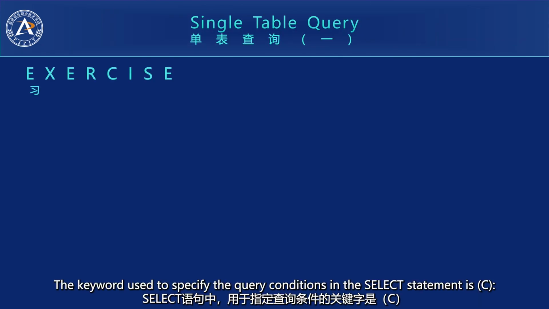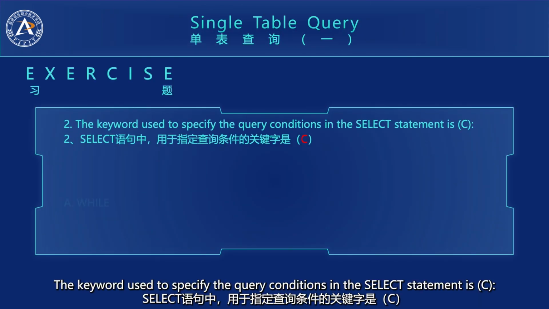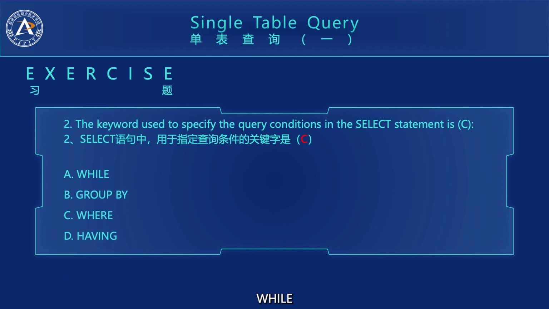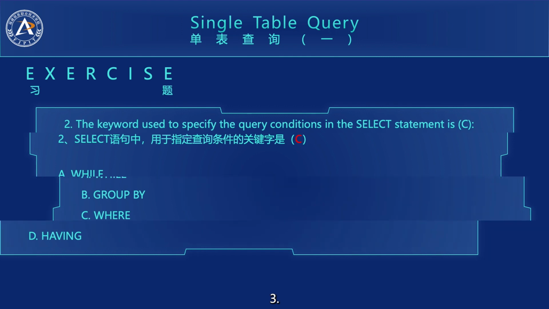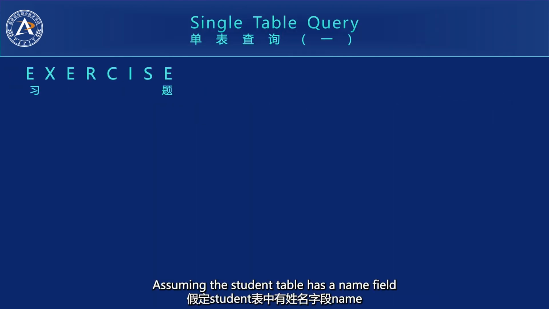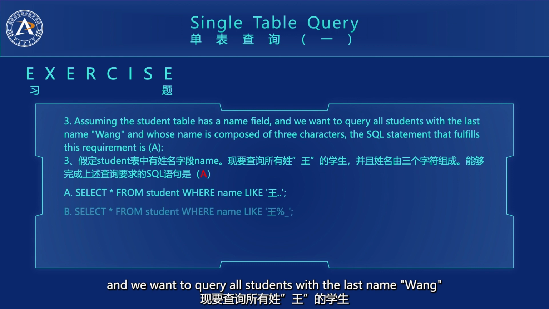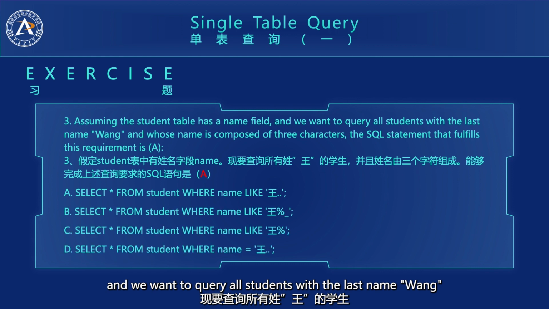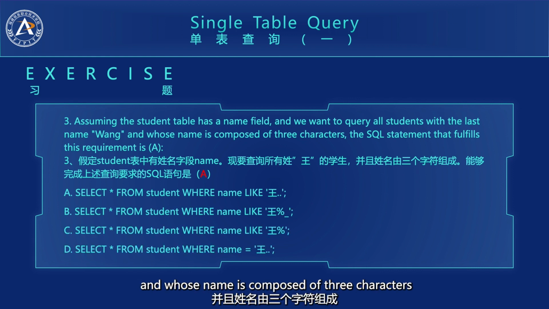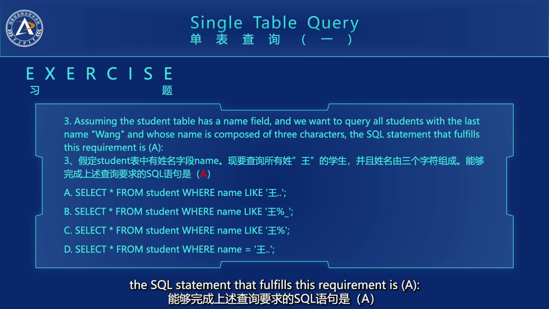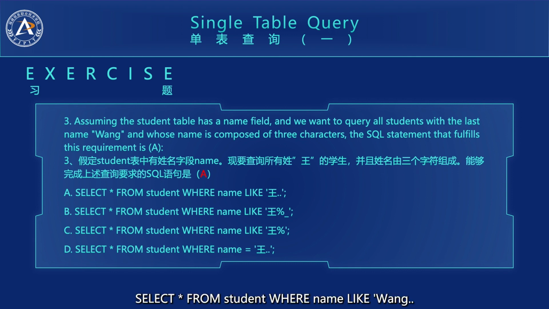2. The keyword used to specify the query conditions in the select statement is C. A. While. B. Group by. C. where. D. Having. 3. Assuming the student table has a name field, and we want to query all students with the last name Wang, and whose name is composed of 3 characters, the SQL statement that fulfills this requirement is: A. Select * from student where name like 'Wang'.